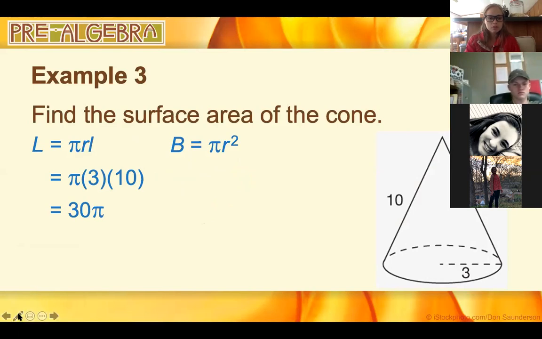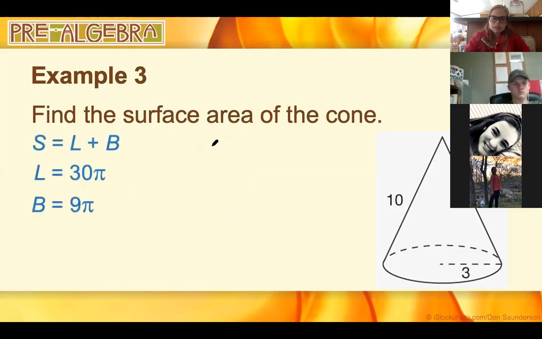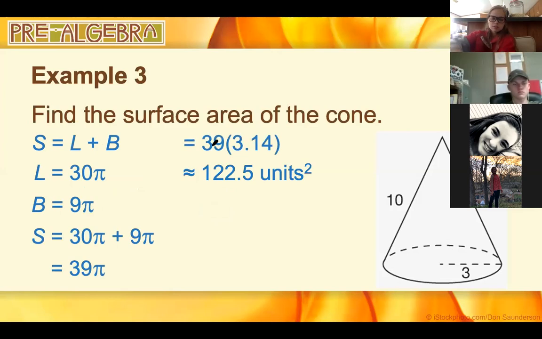The base is a circle, so we're using pi r squared to find the area of that base. Plug in your radius. Base is 9 pi. Now the surface area is equal to lateral surface area plus the area of the base, which would give you 39 pi square units.